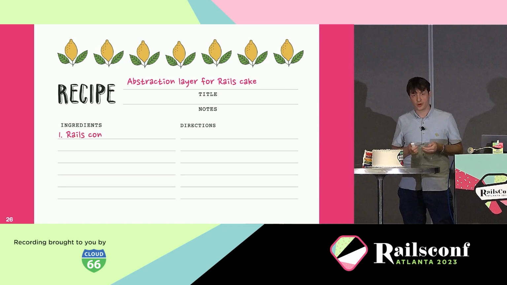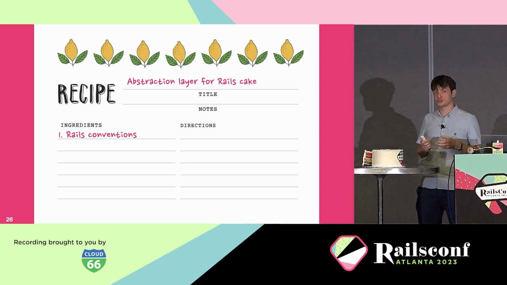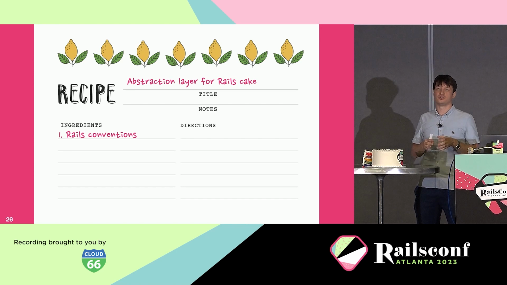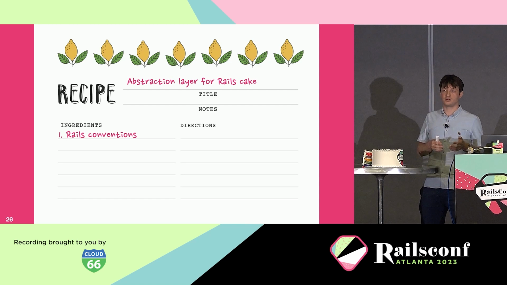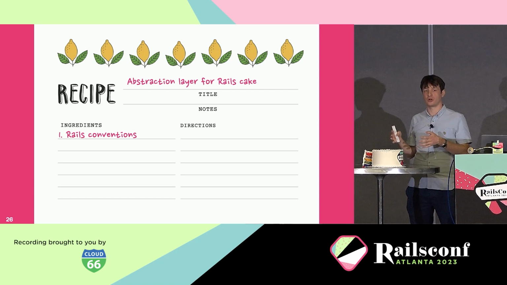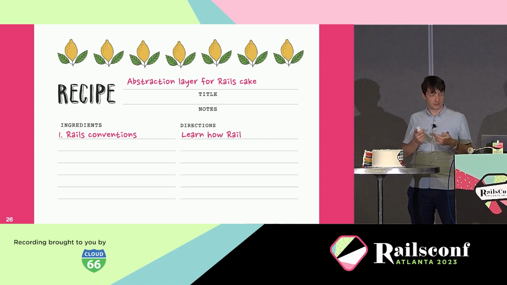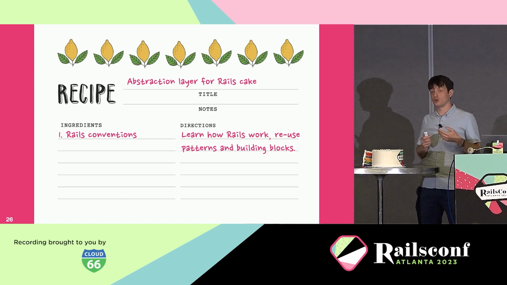And from a practical point of view, the first ingredient is following Rails conventions, following the Rails way, actually, because what we're going to do, we want to extend the Rails way, not to change, modify, or break it, and build something on top of it. We're not rebuilding here, we're kind of repairing our Rails application on top of what we already have. And from a practical point of view, that means learning how Rails works. That's the most important thing.